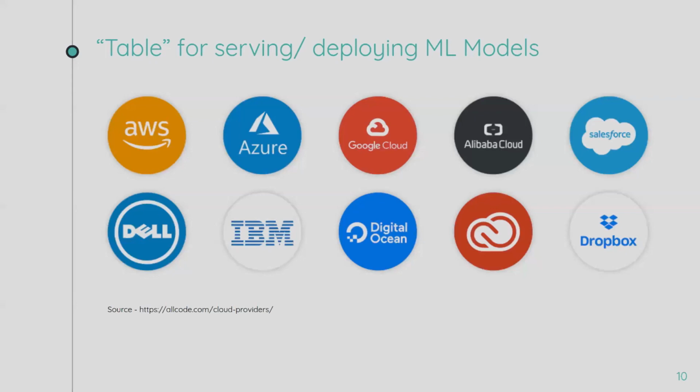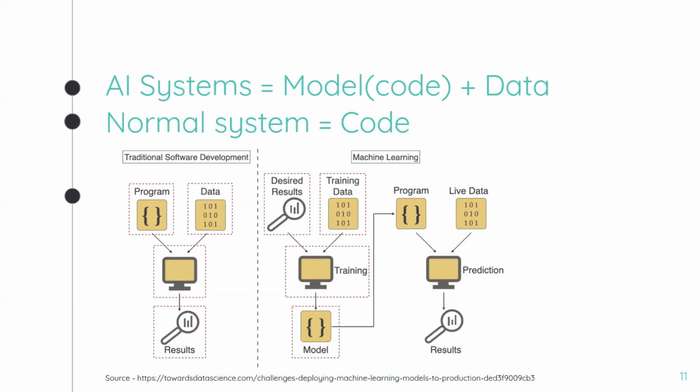One thing that is different is that machine learning contains the model, which we can compare to the code, and data. But in traditional software development, we only have the code. For instance, you have a website: you create the code, you develop the website, and then you deploy it. Anyone that uses the website will just go there and do something.